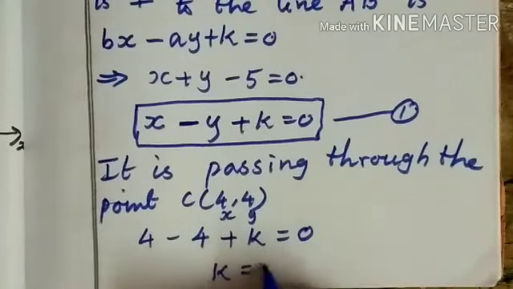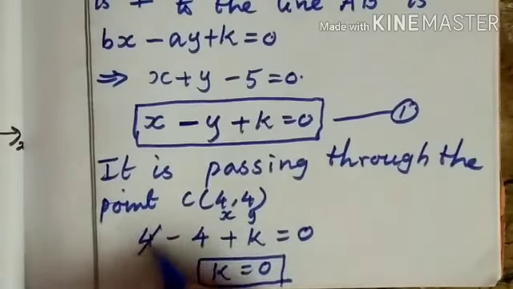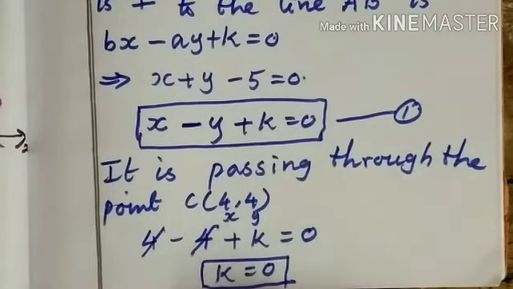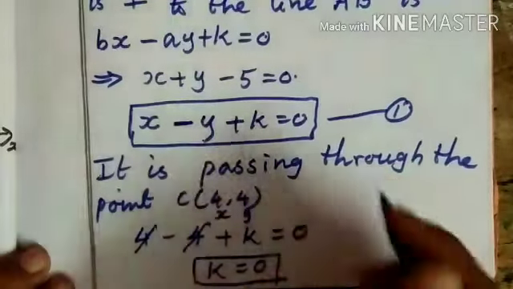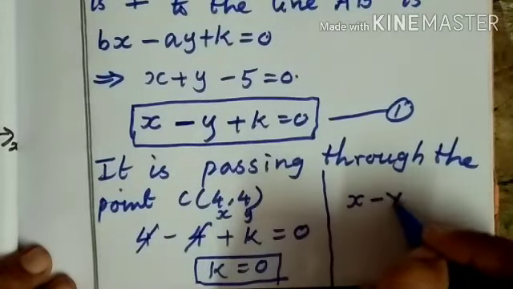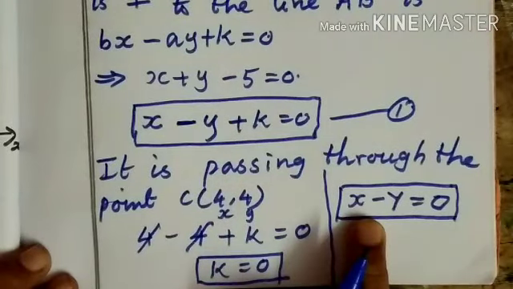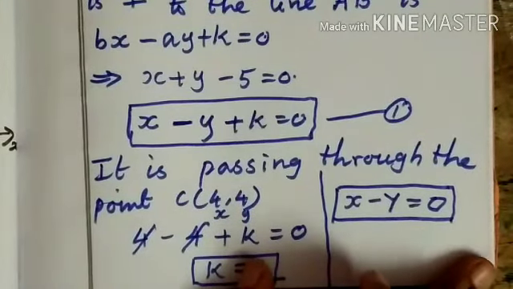Therefore k is equal to 0, because here 4 minus 4 cancel and we get 0. The value of k is 0. Now apply this k value in the first equation, and we get the equation x minus y is equal to 0. This is the equation of a line which is perpendicular to AB and passing through the point C: x minus y is equal to 0.